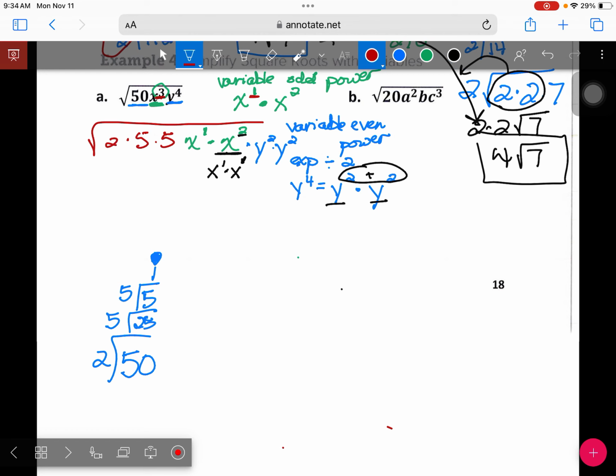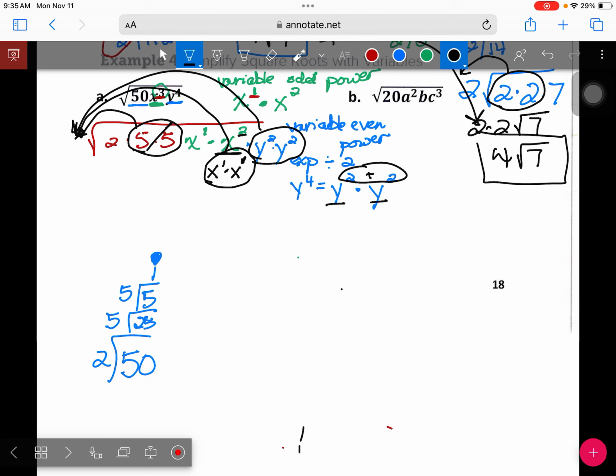Yes, we do. We have 2 5s. From x squared, I now have 2 x's to the first power. And I have 2 y squareds that are going to get kicked out. Remember, you only choose one of each pair because those are the square roots.